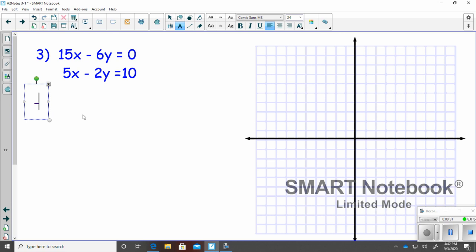For the first one, you're going to transpose the x term. You're going to divide through by -6.